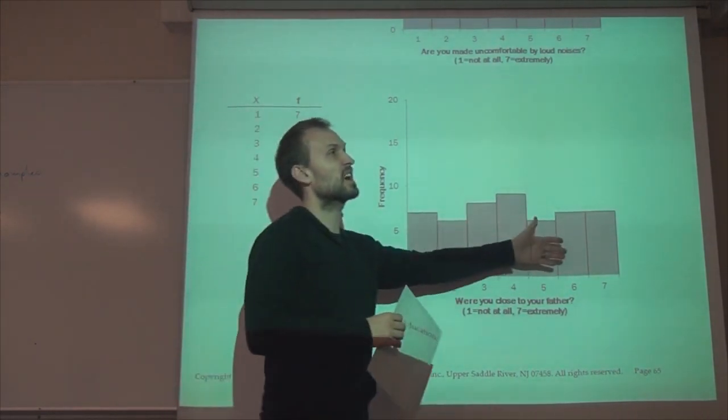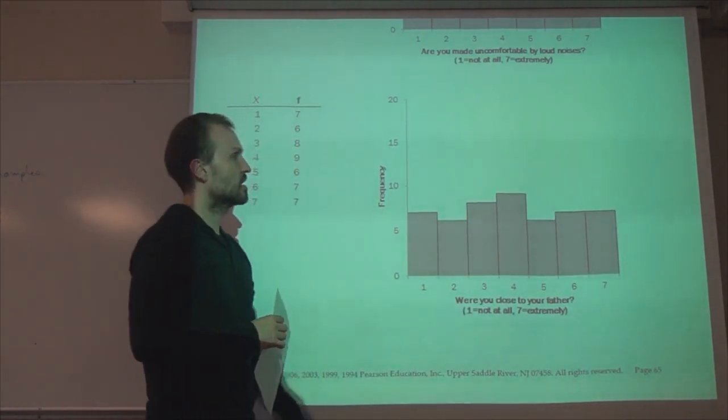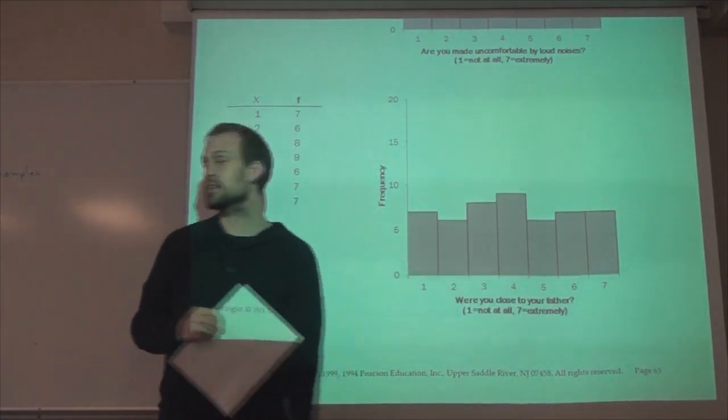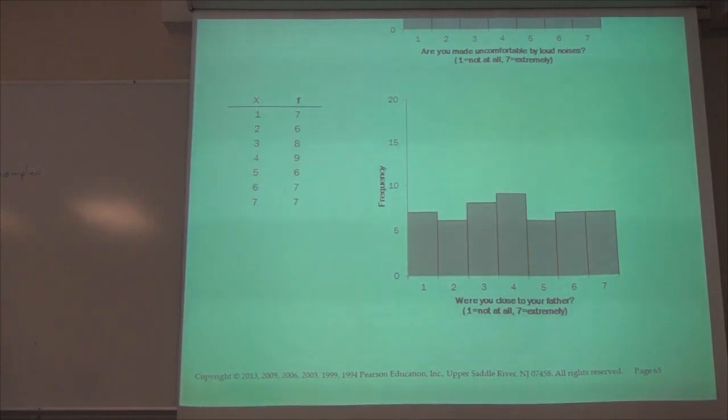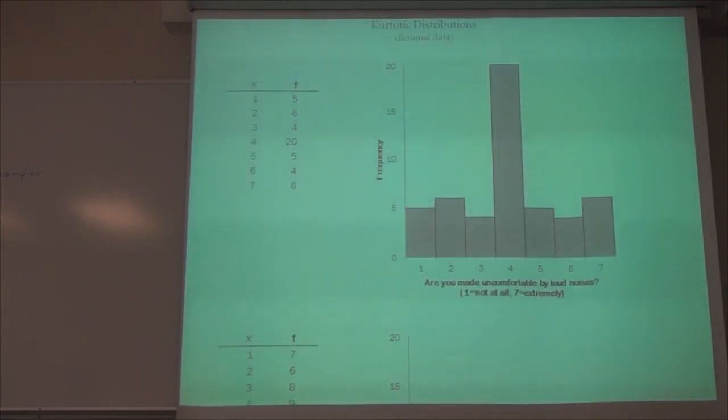Do I get something that's spread out? And it's not really. Yeah, 4 comes up more often than anything else, but only slightly so. If I randomly pick one of those people, do I expect to get a 4? No, it's pretty spread out. Whereas if I randomly pick one of these people, do I expect to get a 4? Yeah, I do, because that's by far the more common value.